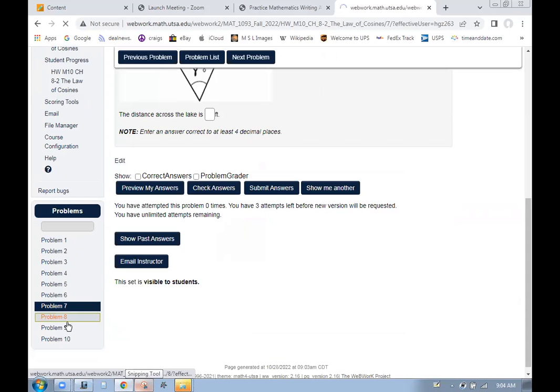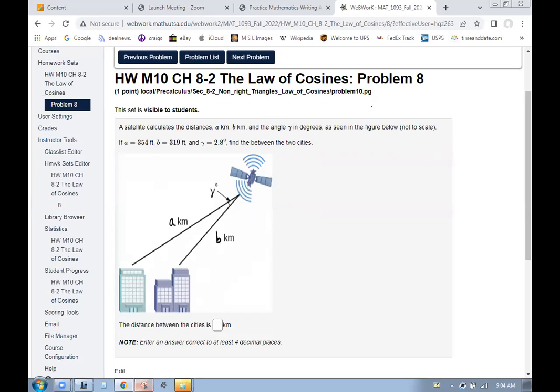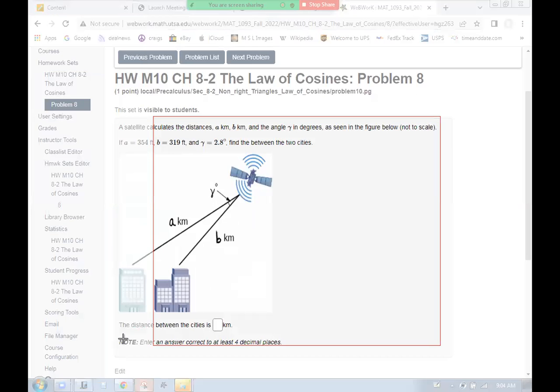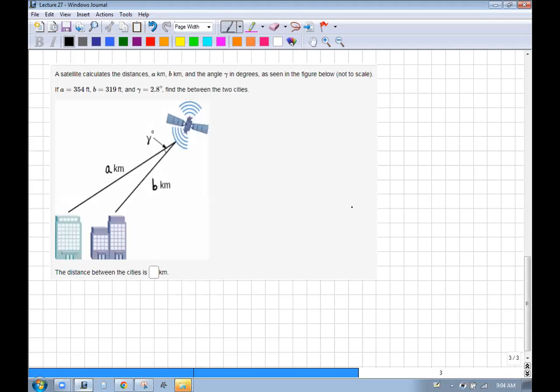Let's look at number 8. A and B. Find the distance between the two cities. We need to know this. Well, that's A and B. We're going to call this C again. And this is easy because we know A, B, and gamma.